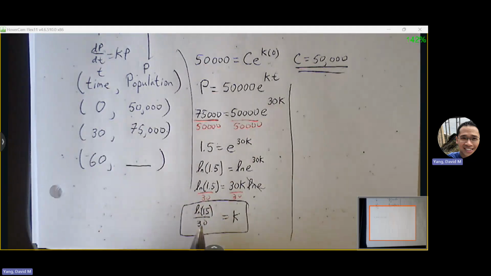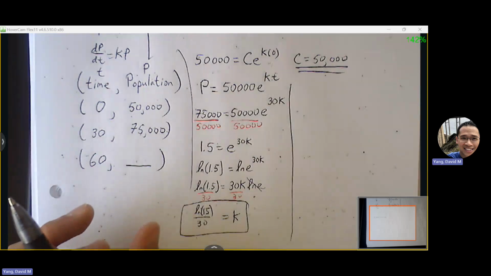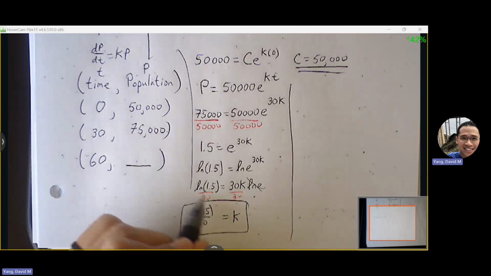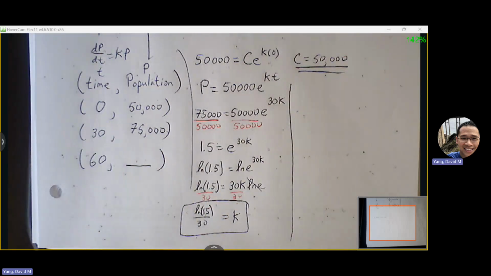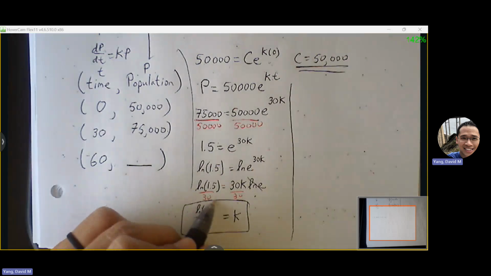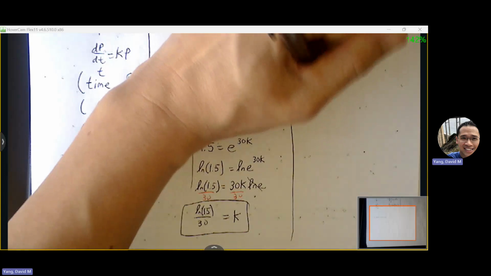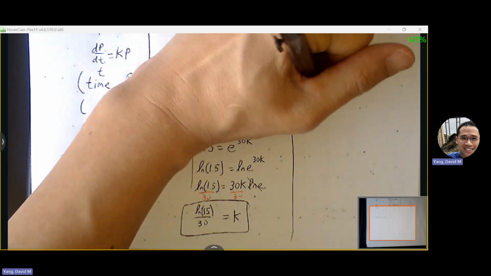Even though you could grab a decimal out of this, if you get a decimal at this stage, it's going to decrease the accuracy of your end solution. So we want to hold on to this value so that we can get a more accurate solution. When we get to our very end decimal value, we can round to 3 decimal places. But for now, let's hold on to this value. So k is equal to natural log of 1.5 divided by 30.